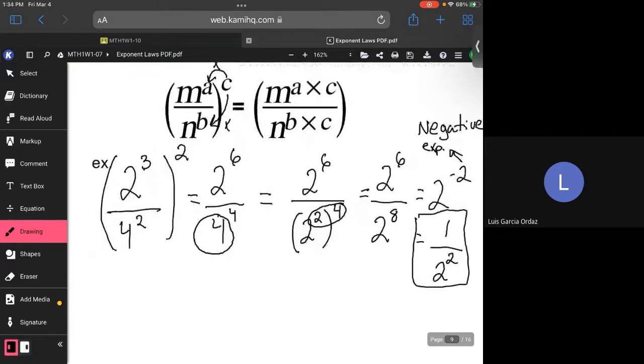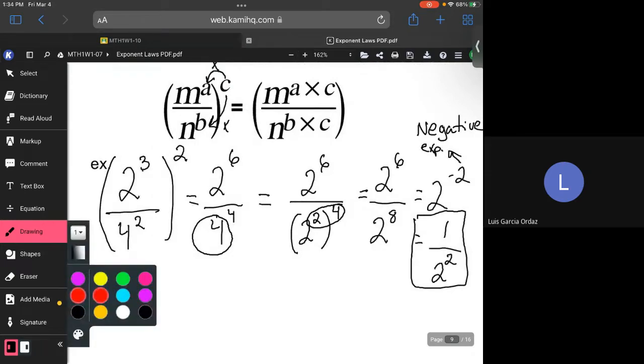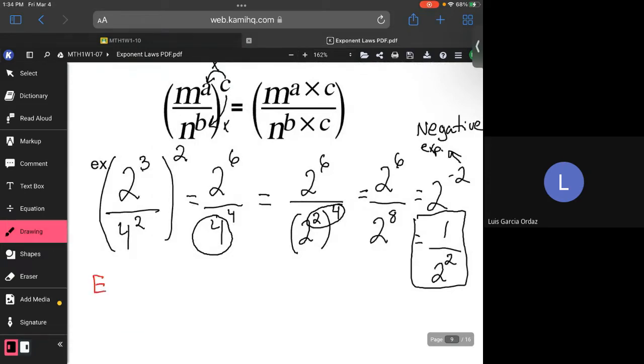So now let's take one more example, the easier one. I have 2 to the 3 over 5 to the 2, all to the power of 3. Who can tell me what that one becomes?